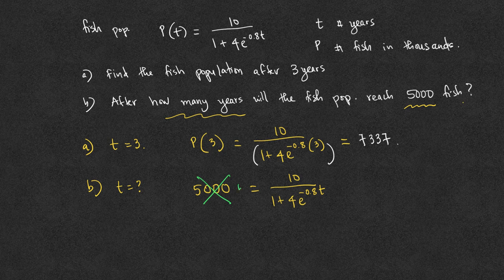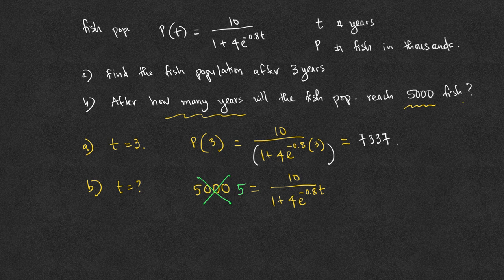So we can only use 5, not 5,000. If we were to use 5,000, in this case, it would be 5,000,000, which is not what the question intended. So make sure you read the question carefully.